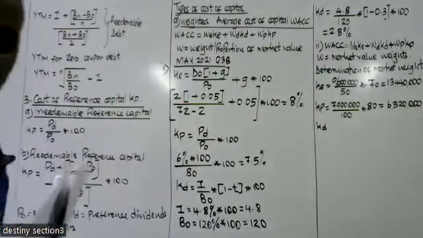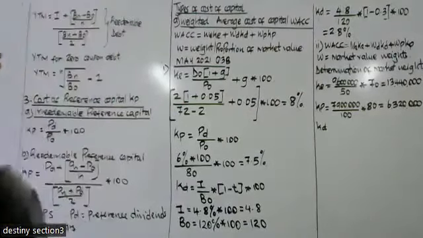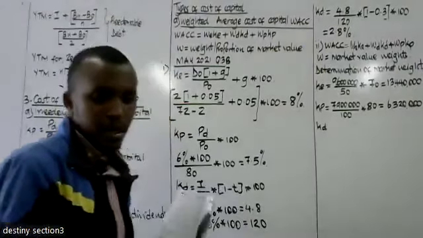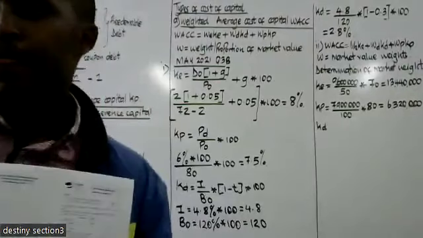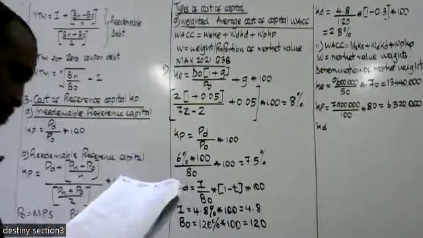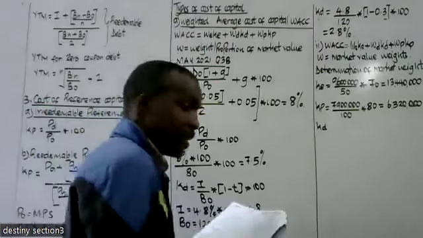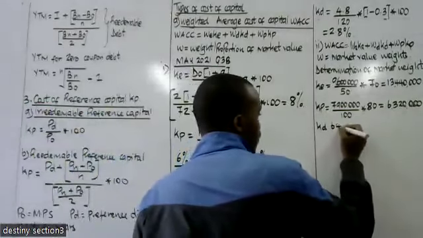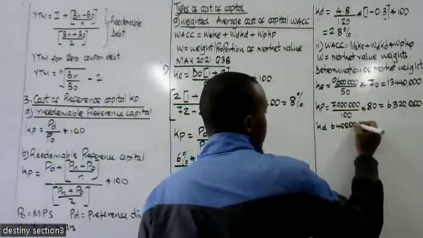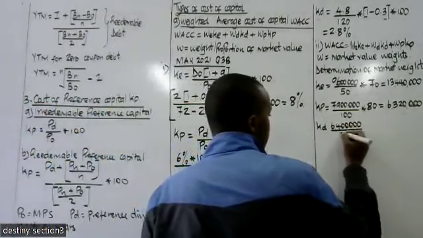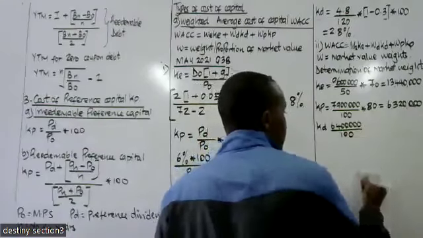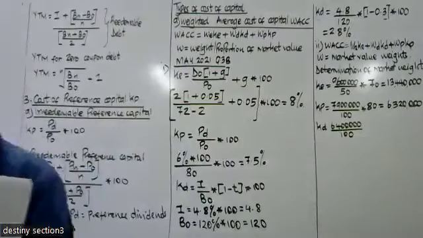Now the debt. We identify the number of shares, or rather units. Divide by how much? Divide by 100.